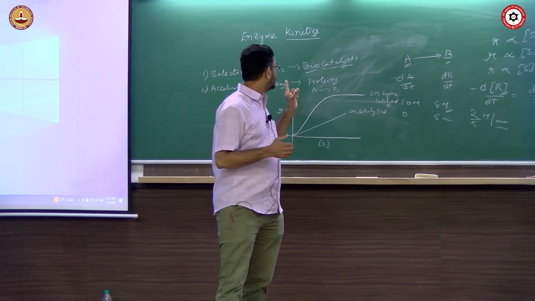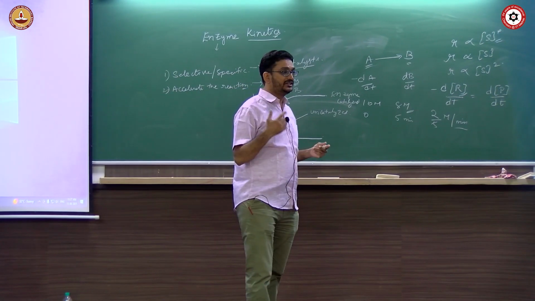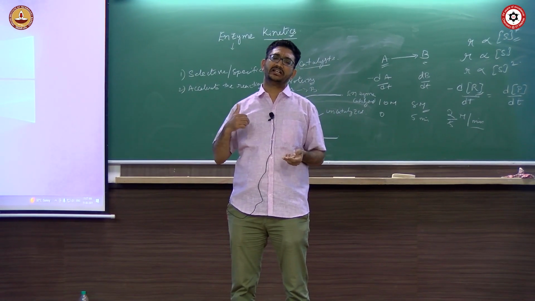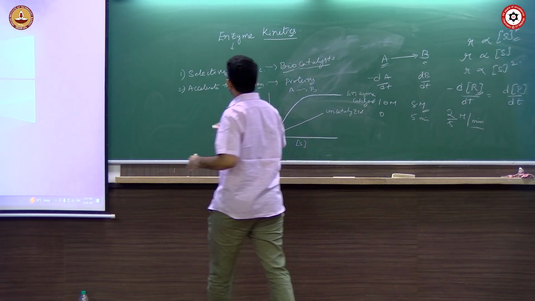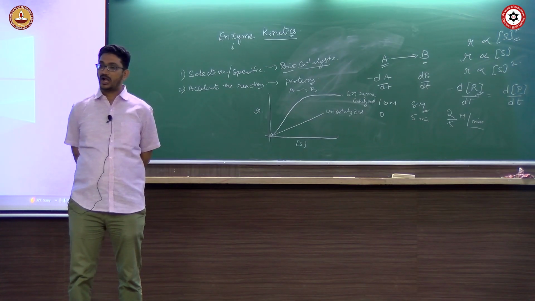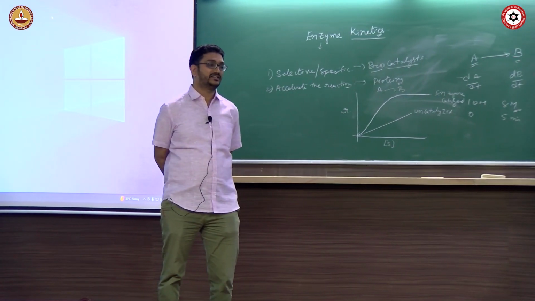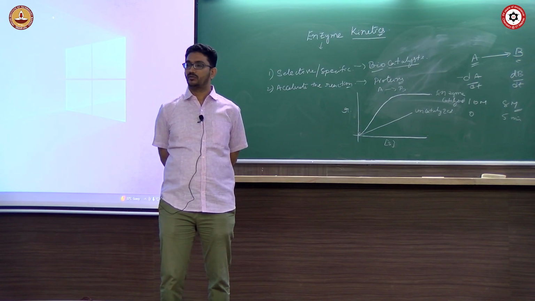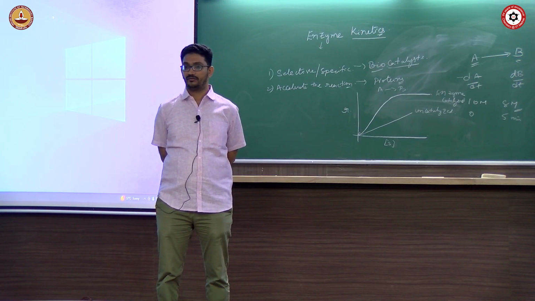And then the other thing is, as I already said, any catalyst will accelerate the reaction, but enzymes accelerate the reactions approximately, so are you aware of any other catalyst generally? How many times does a catalyst generally accelerate the reaction? Depends on the catalyst, but what are the numbers that you are aware of?